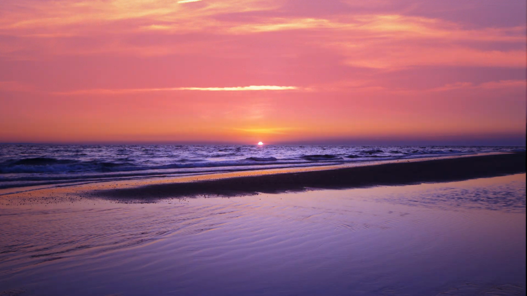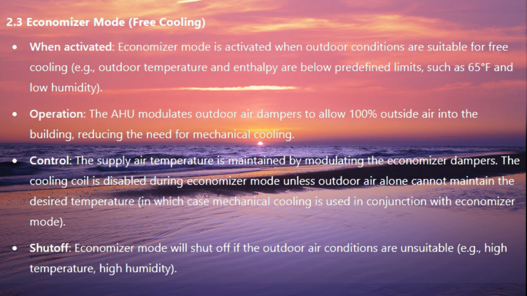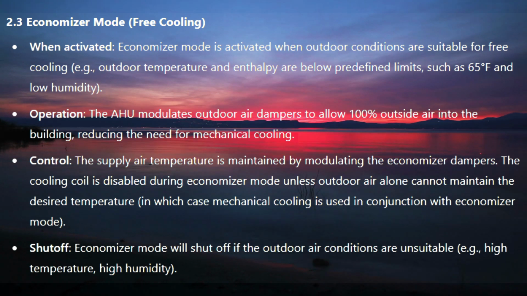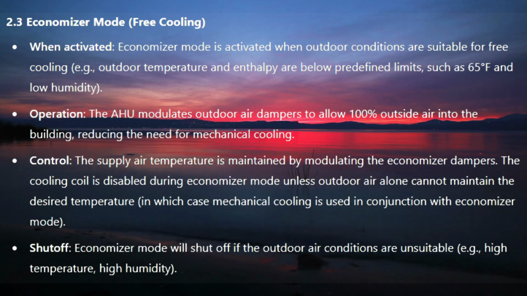2.3 Economizer mode, free cooling. When activated: economizer mode is activated when outdoor conditions are suitable for free cooling, e.g., outdoor temperature and enthalpy are below predefined limits, such as 65 degrees Fahrenheit and low humidity. Operation. The AHU modulates outdoor air dampers to allow 100% outside air into the building, reducing the need for mechanical cooling.